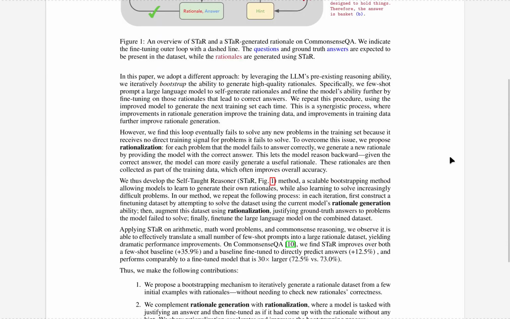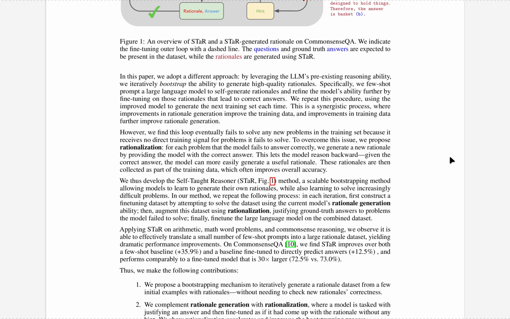In this paper, we adopt a different approach. By leveraging the LLM's pre-existing reasoning ability, we iteratively bootstrap the ability to generate high-quality rationales. Specifically, we few-shot prompt a large language model to self-generate rationales and refine the model's ability further by fine-tuning on those rationales that lead to correct answers.